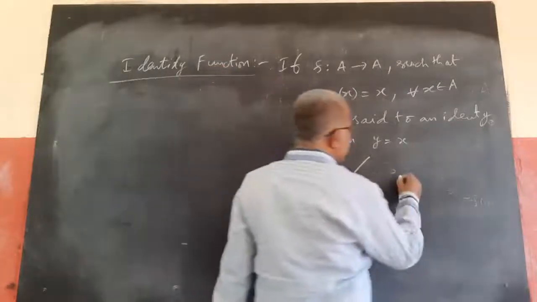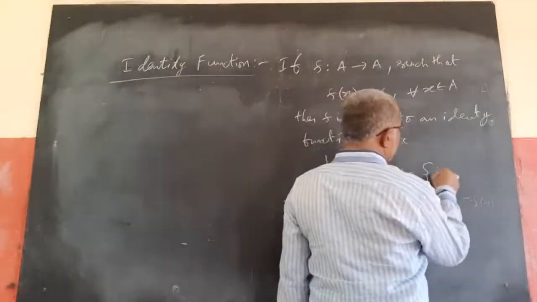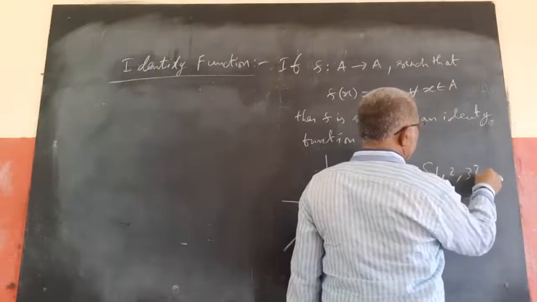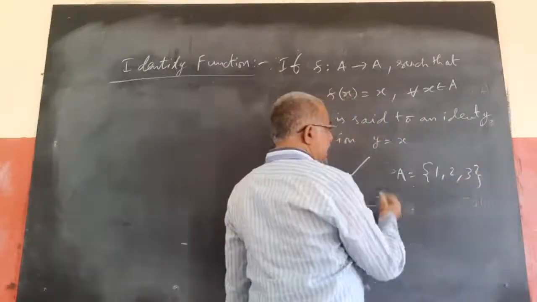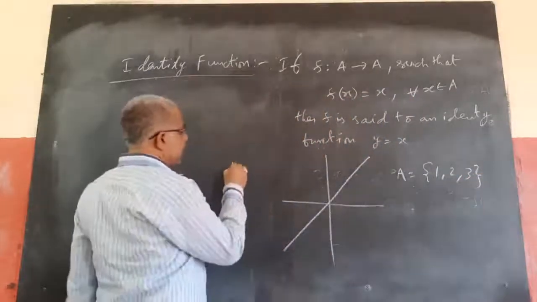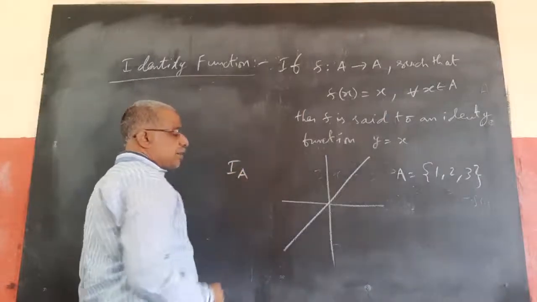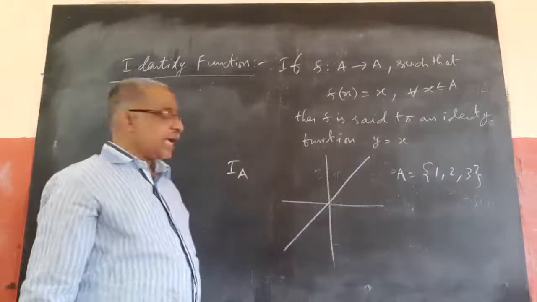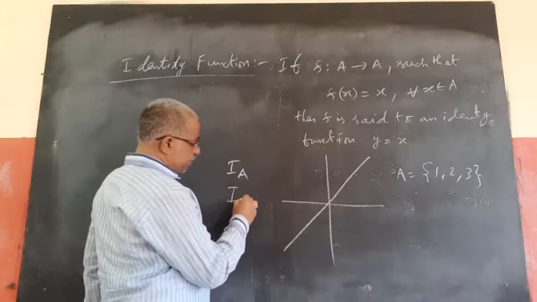Next, for example, if I take A is equal to {1, 2, 3}, then an identity function is always represented with IA. The identity function from A to A is represented with IA, like the identity function from B to B is represented with IB.